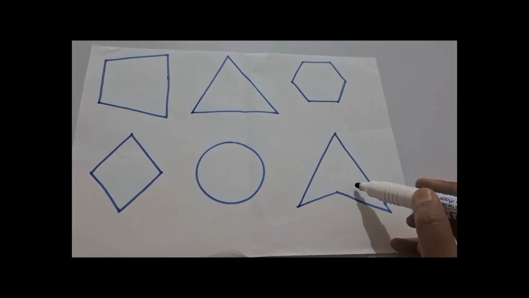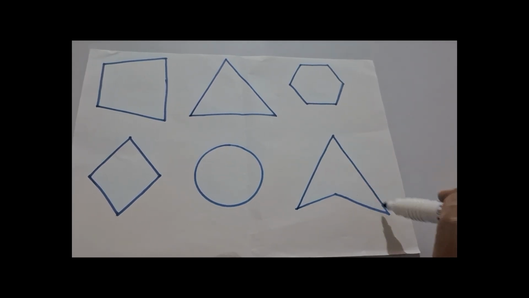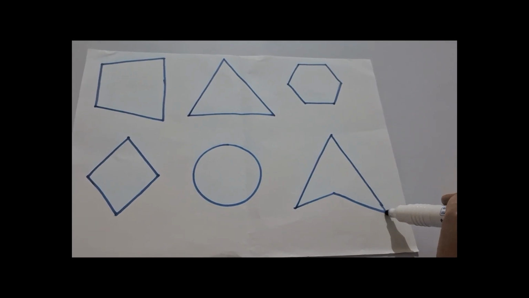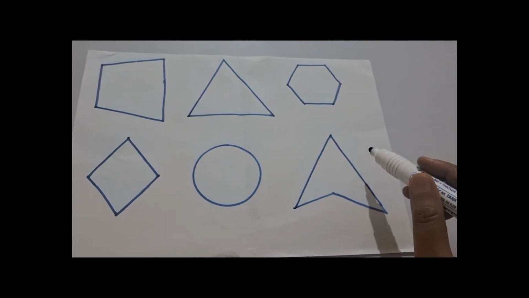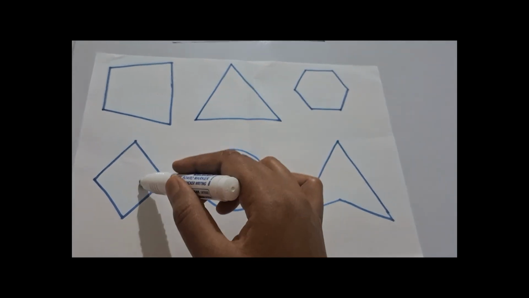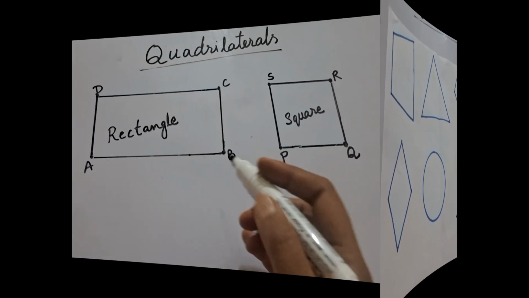Now if you observe this one, this figure is also having four straight line segments. Okay, 1, 2, 3, 4. It is made up of four line segments. So it is a quadrilateral. So from these figures we observe that this one and this one, these three only are the quadrilaterals.